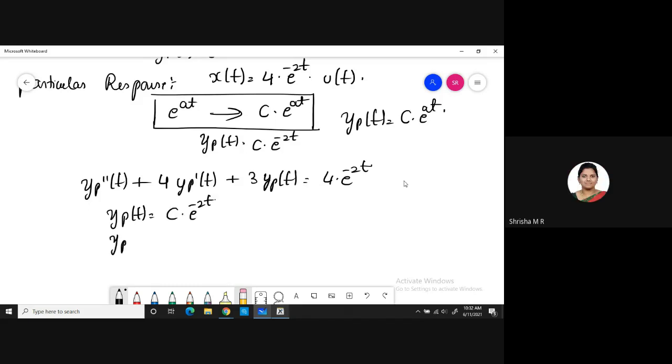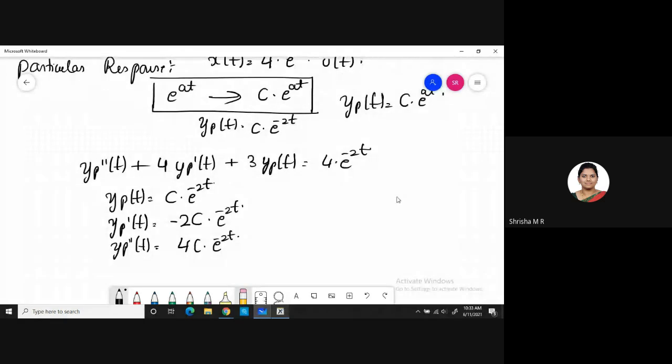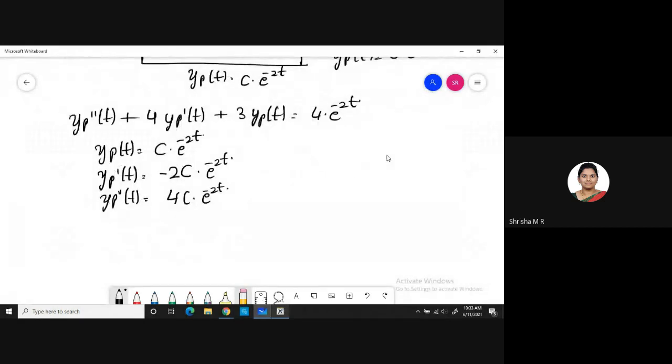Yp dash of t is minus 2 c e power minus 2t. Now yp double dash of t will be 4 c e power minus 2t. Substitute this in the equation and try to find c.